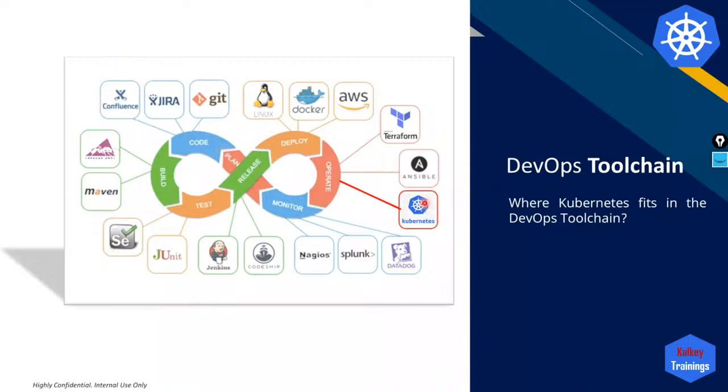So let us begin with Kubernetes. It comes in the operate part. Operate means you have already deployed your application and automated your pipeline, and the automated pipeline has gone into production or maybe pre-production, where you will operate.